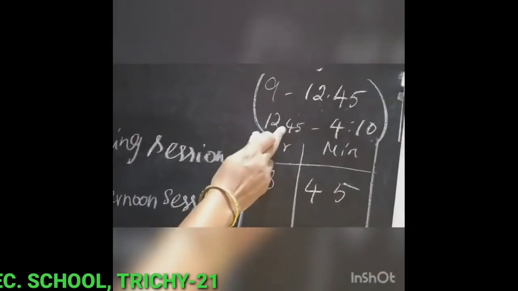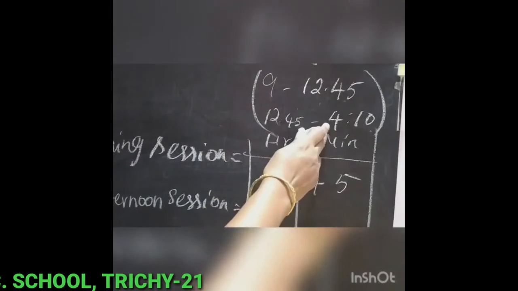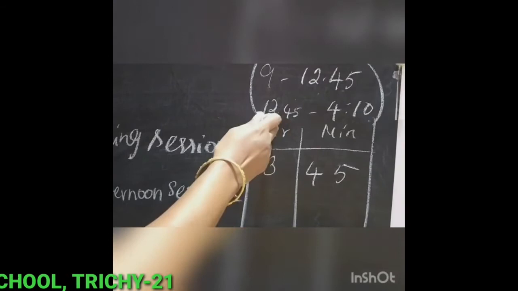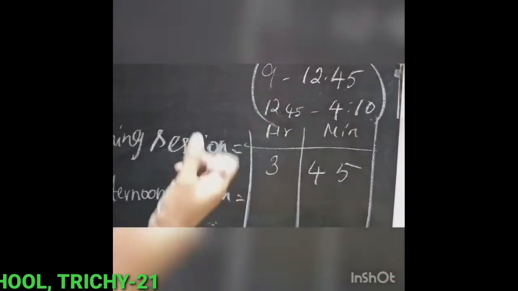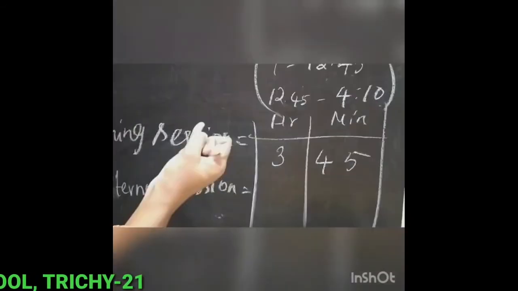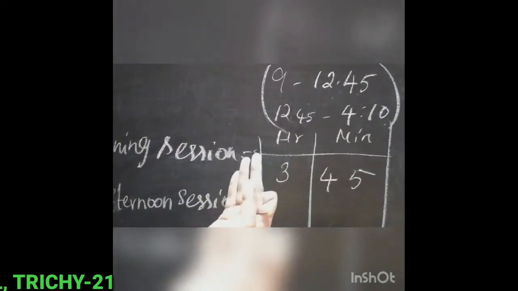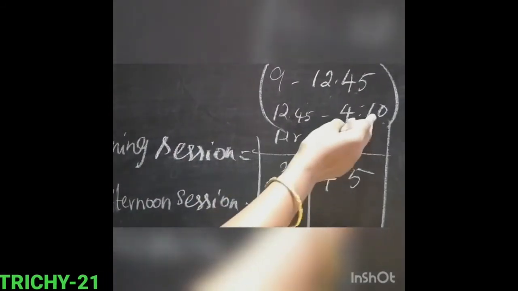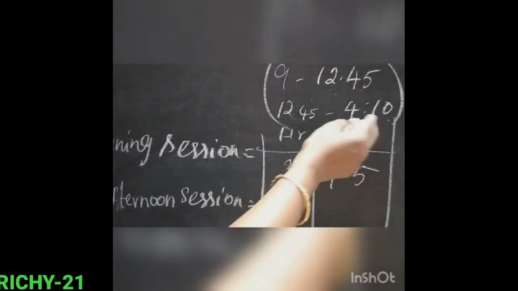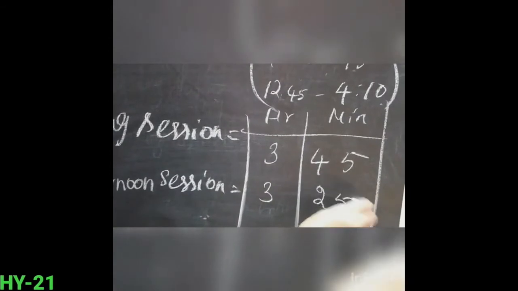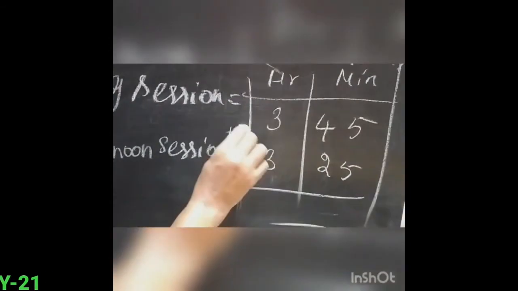The time is starting from 12:45 up to 4:10 only. So 12:45, then 1:45, 2:45, 3:45, that is 3 hours. After that, up to 4:10 means balance 25 minutes. 3 hours 25 minutes. Now you have to add this one.